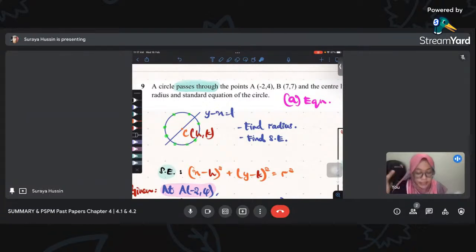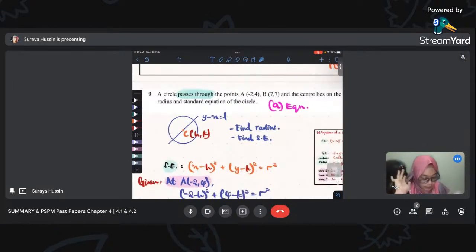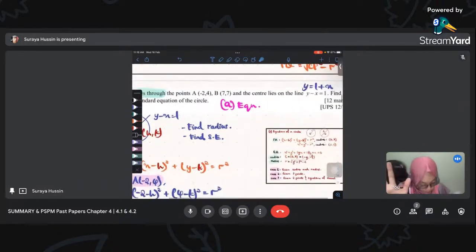Okay. So if it can be anywhere, boleh nampak ke? Kalau dia boleh berada di mana-mana pada circle ini, so you can use the point A to put into the equation of circle. That is the first step actually. Okay. Sekarang ni masalahnya, baca habis soalan dulu.